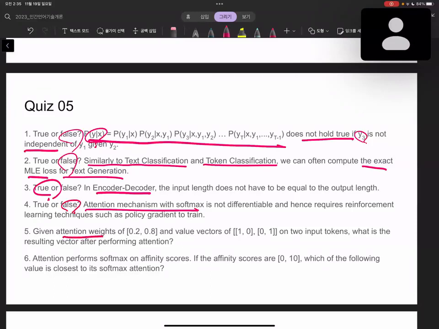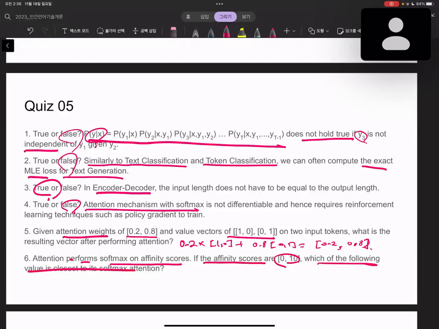And given attention weights of n vectors, this is 0.2, 0.8. Attention performs softmax on affinity scores. This is very easy, 10, 1.